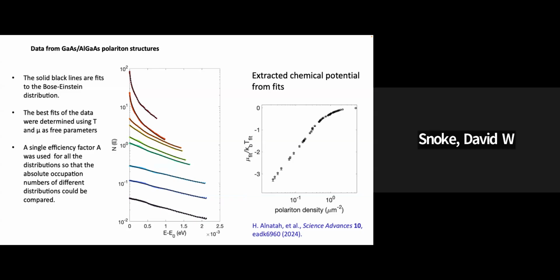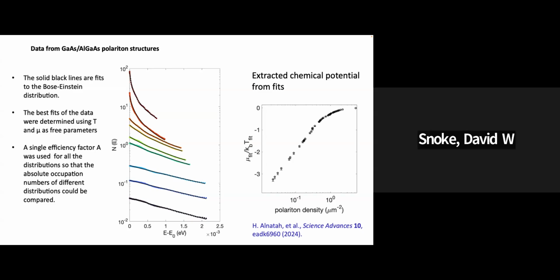It used to be sort of a byword that polaritons are an intrinsically non-equilibrium system. These are perfect fits to an equilibrium Bose-Einstein distribution. And all that's really necessary, you don't have to have infinite lifetime. You just have to have the lifetime be longer than the thermalization time. They thermalize by collisions, and they can do that rapidly within their lifetime.